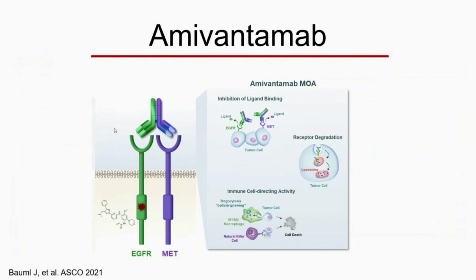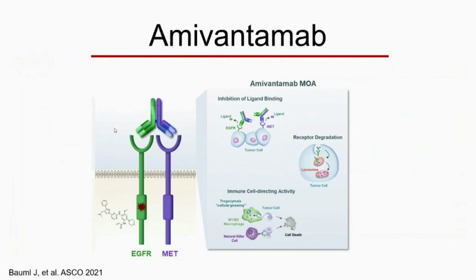This is an antibody. It's a bispecific antibody. And bispecific meaning, the way I think about it is think about a double-sided sticky tape. Essentially it's able to bind EGFR and it's able to bind MET.